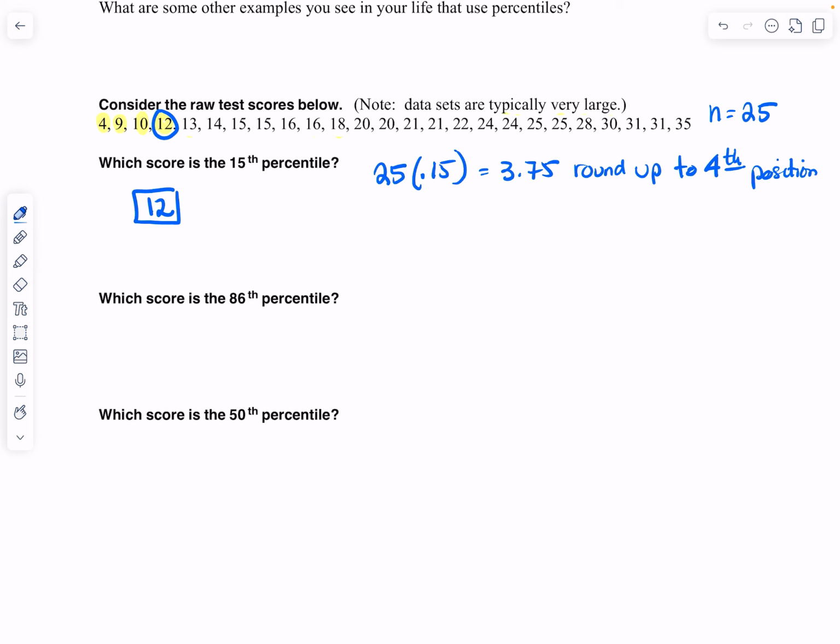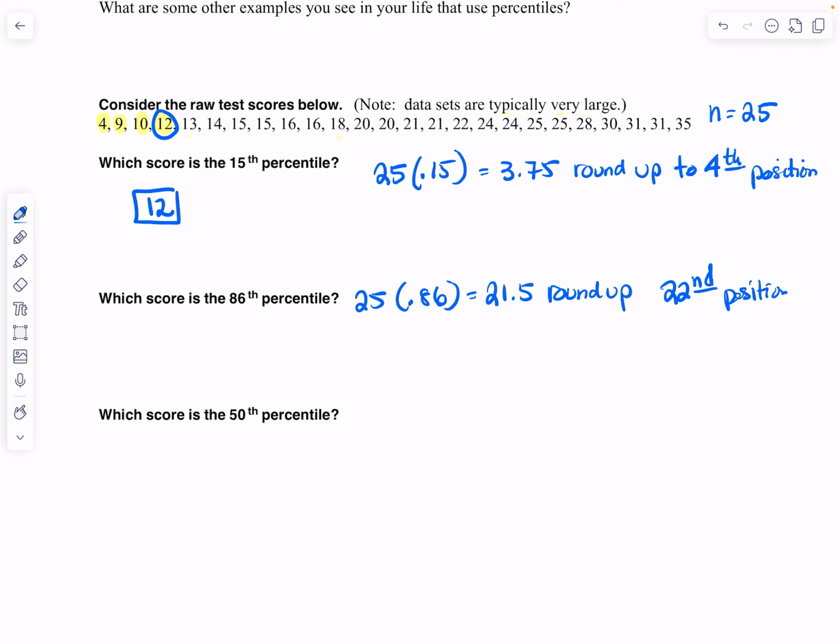Which score is at the 86th percentile? I take 25 times 0.86, and when I do that, I get 21.5. I'm going to round up, and by the way, you always round up, no matter what you get. So I'm looking at the 22nd position.